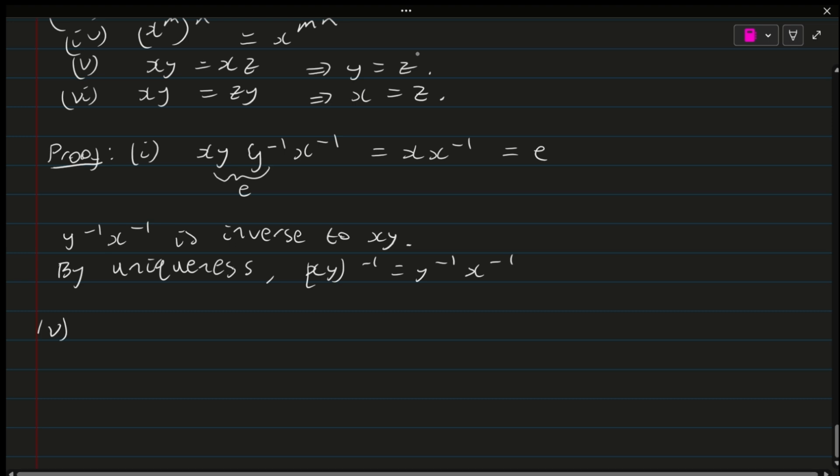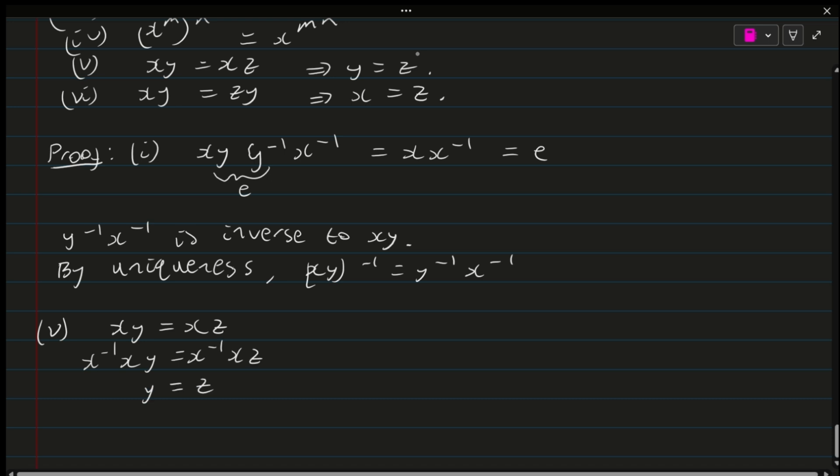For 5 then, we have xy equals xz, and we can multiply on both sides on the left by x inverse, and that gives us y equals z.